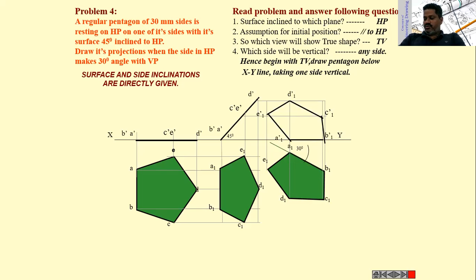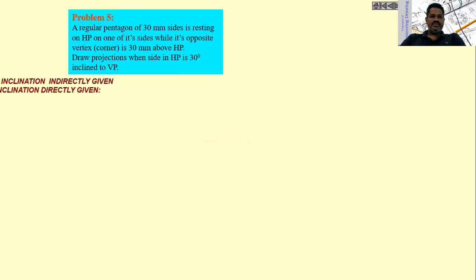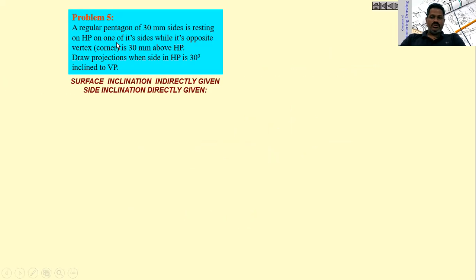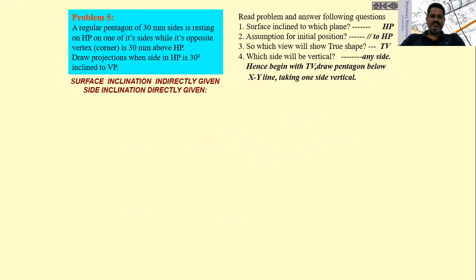Then let me move further to see another example. In this case also I am assuming the pentagon's 30 mm side is resting on HP, one of its sides, while its opposite vertex is 30 mm above the HP.